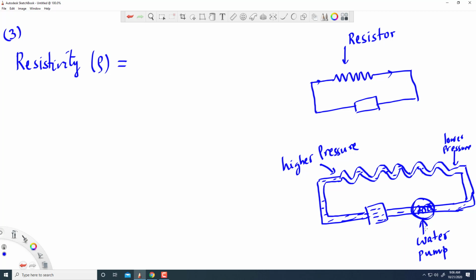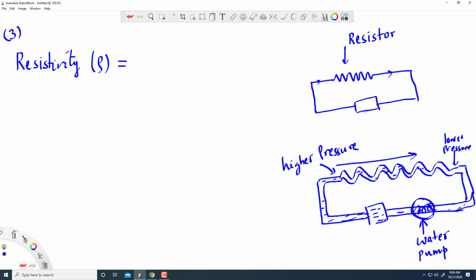Now the pump has a vacuum system inside, which generates a lower pressure region here and a higher pressure region here. Because of the change in pressure, the rule of mother nature is that things move from higher pressure to lower pressure. So the water from higher pressure will flow towards the lower pressure.